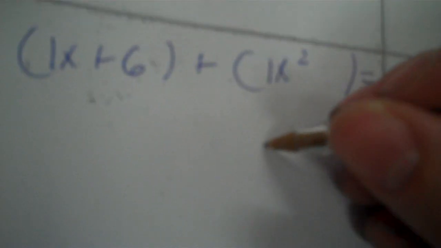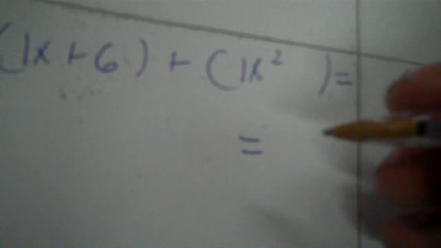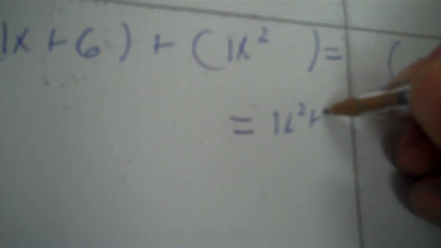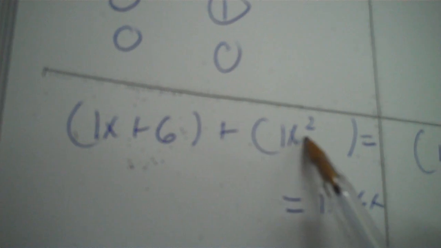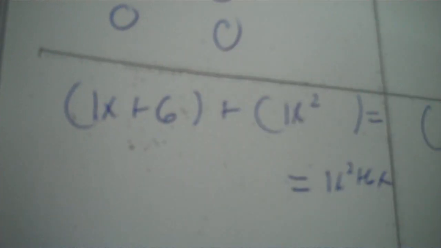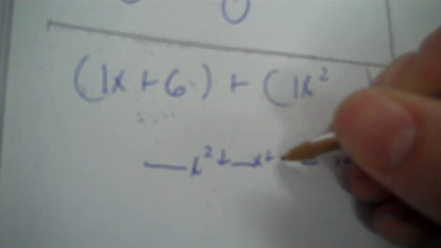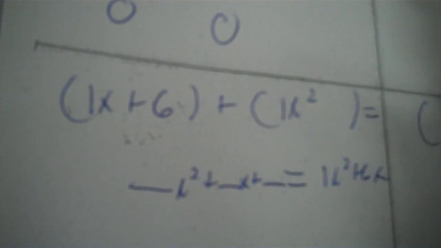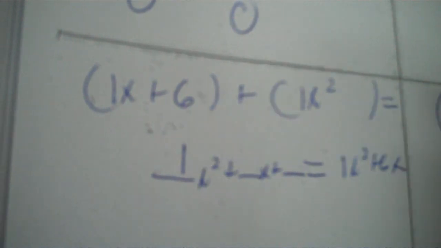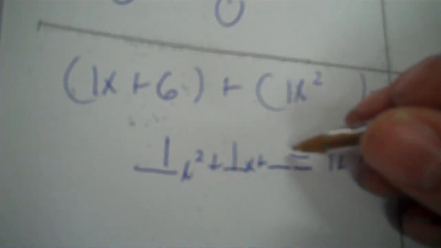But you have to combine things, okay, simplify it. So nothing can be done on that side. You've got the 1x squared and the 6x. Now on this side where there's two quantities, you'd start with your x squared because that's the highest power, then your x, then your 6. So 1x squared, and then 1x, and then 6.